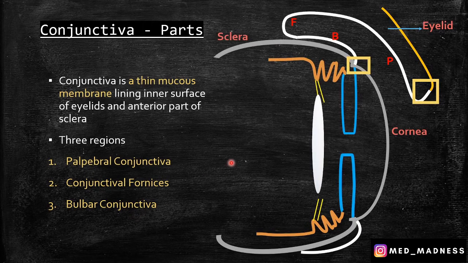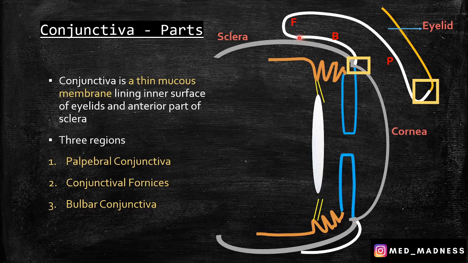So in this line diagram, I want to show you the different parts of the conjunctiva. First, notice the eyeball. The outer portion is called the sclera. This is transformed to cornea anteriorly. And here you can see the eyelid. So the conjunctiva is a very thin membrane that lines the anterior part of sclera, which is the bulbar or ocular conjunctiva.